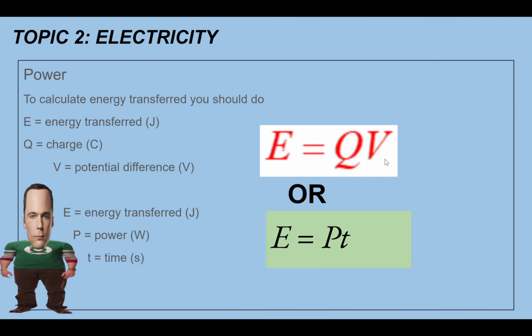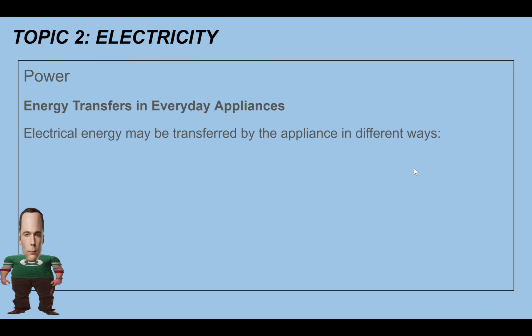To calculate energy transferred, you should do energy transferred, in joules, equals charge times potential difference, or energy transferred is power times time. So these are the 2 different ones in case you want to calculate energy transferred and your variables are charge and potential difference, or if they're power and time.